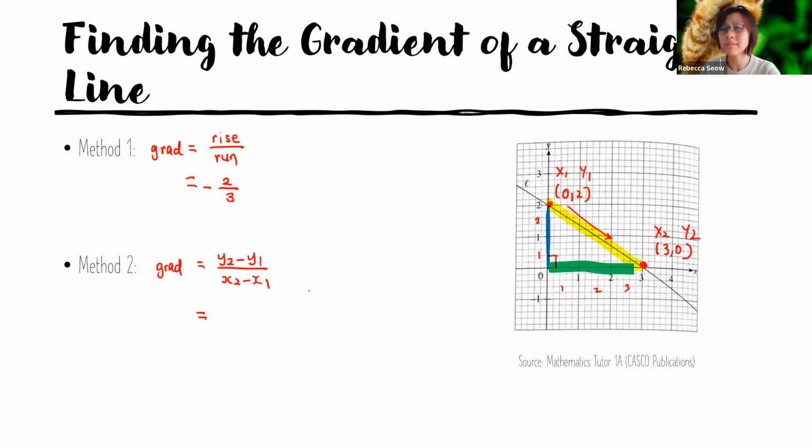Okay, so y2 minus y1 will be 0 minus 2 over x2 minus x1. x2 is 3, 3 minus x1, which is 0. So when we work out our answer, we will end up with negative 2 out of 3 as well.